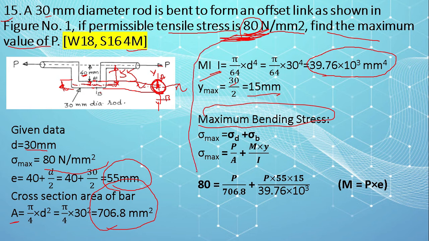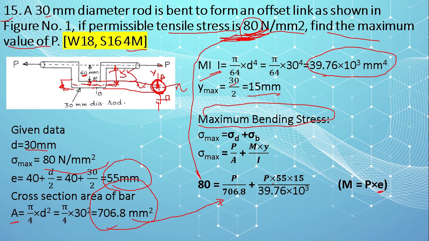So put here 80 is equal to, P is unknown, P divided by cross section area, 706.8. Now this M can be written as force multiplied by perpendicular distance or eccentricity.